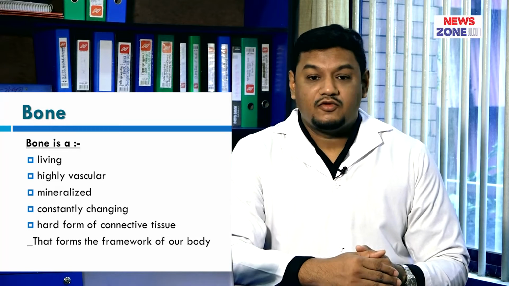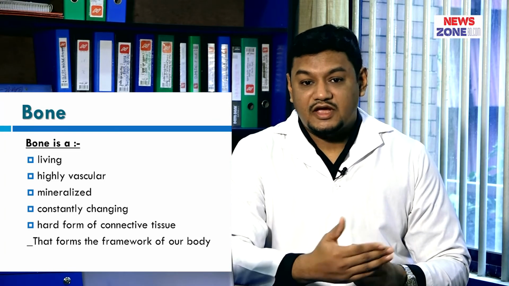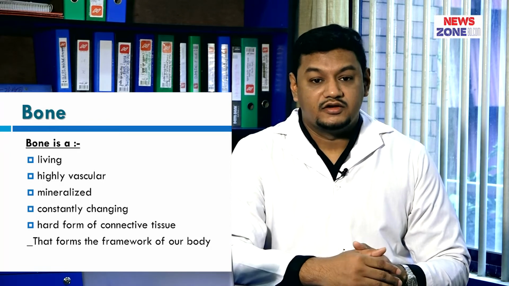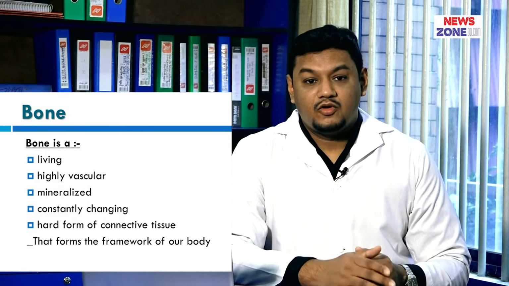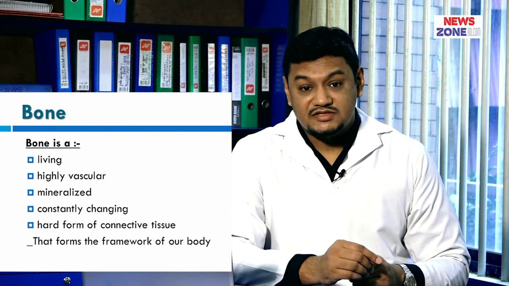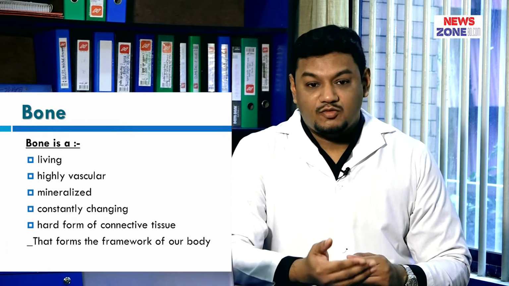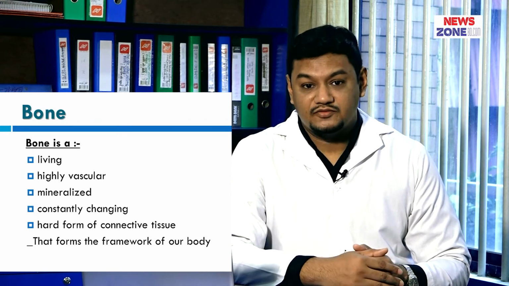Not only that, for calcium metabolism, we know that the bones are always giving calcium to the blood and also receiving calcium from the blood as required. So this is a very clear way to understand that bone never rests in peace. It is always growing. It is always changing its morphology in the macroscopical phase or in the microscopical phase.